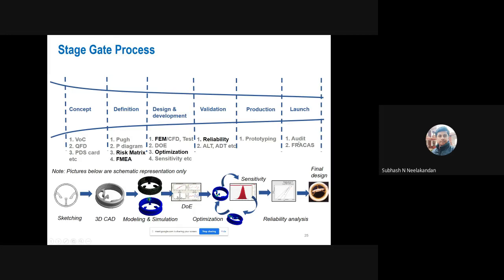This database will form a repository, and it will be returned back to the concept stage for the next version of the device development. So this in general is called the stage gate process, or gate 1 to gate 6 process, which again is used by different industry for product development.